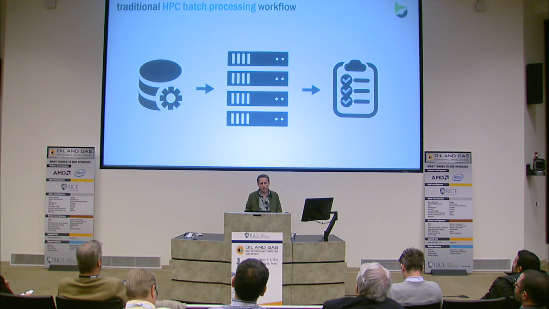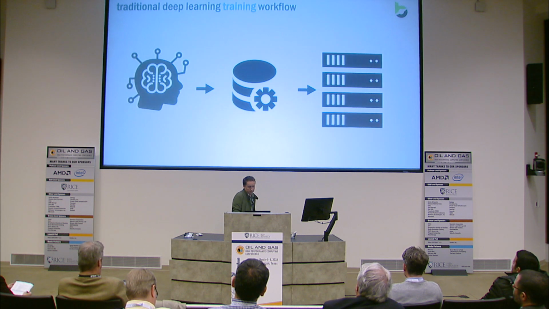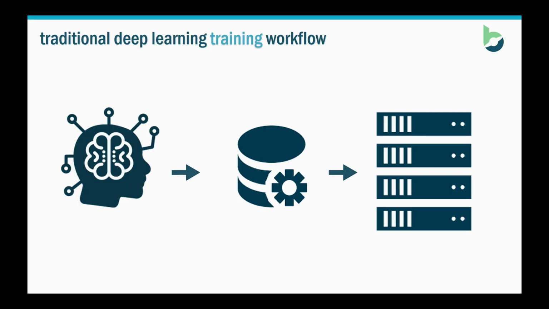If you look at a deep learning workflow, that would be pretty similar, except now you have the data scientist in the picture, and how he creates his network actually dictates how the data has to be spread out to the different nodes to do the deep learning. So how many data scientists here?